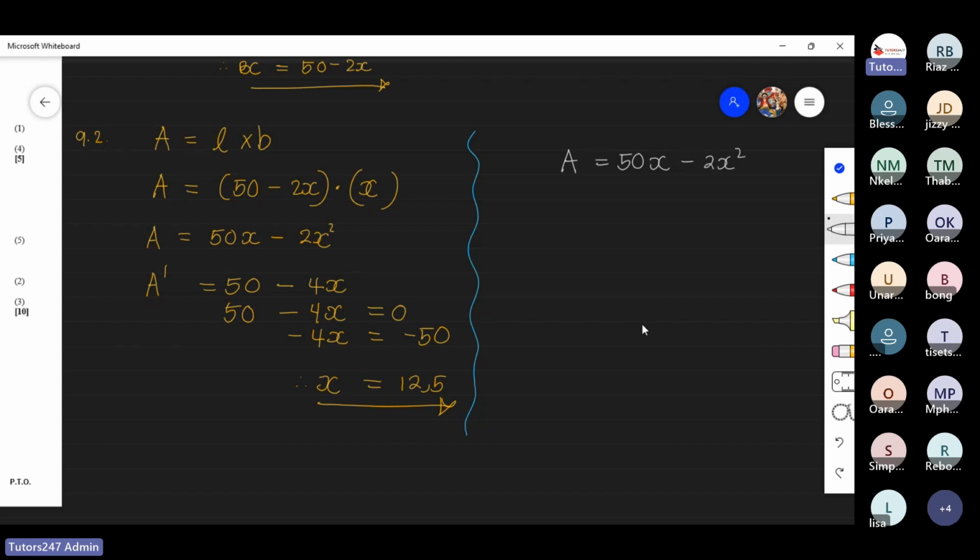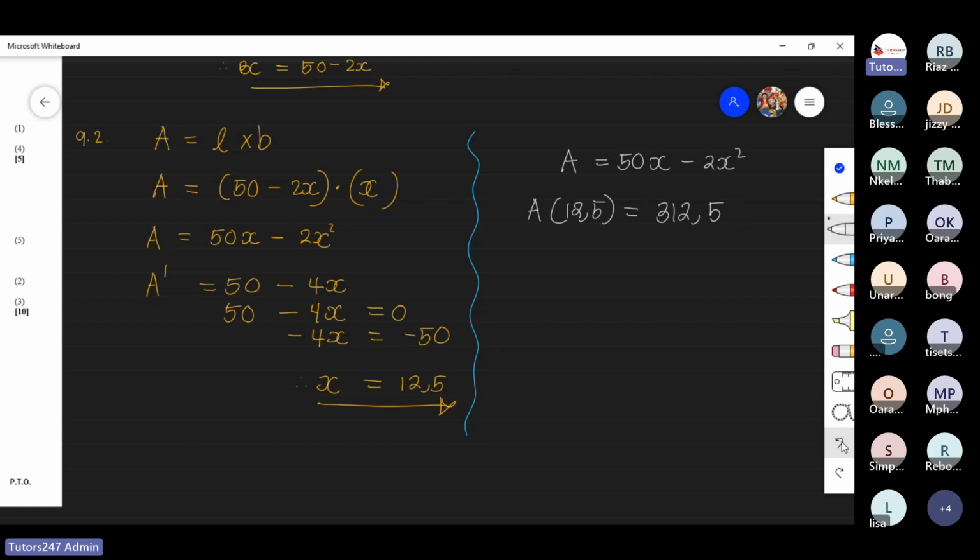So let us substitute 12,5 and see what our area is. When we substitute 12,5 into our area equation, we end up with 312,5. So this is the maximum area.